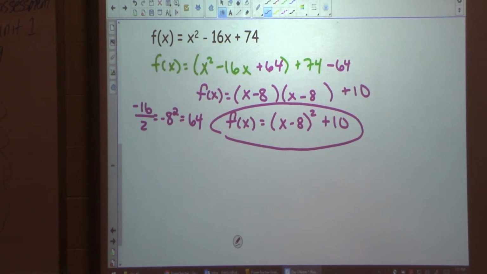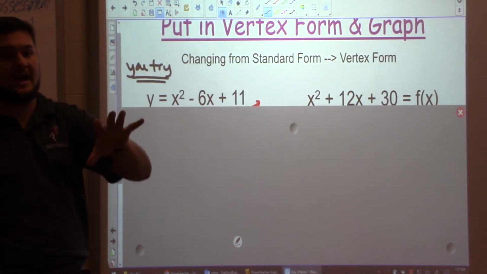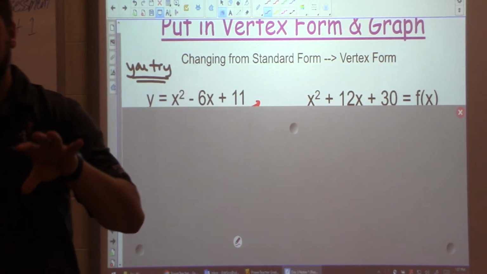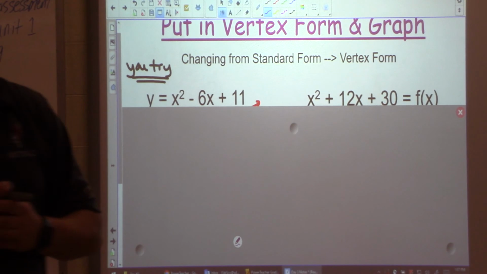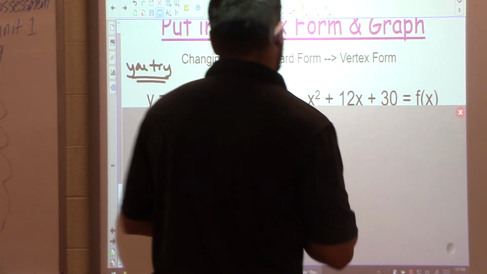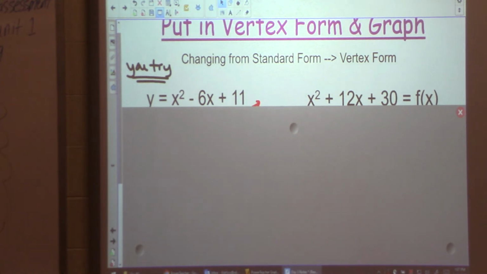That's a good question. Okay, here's what I want. Right now, I just want you to try changing it. Don't worry about the graphing, just change both of them. If we have time, we'll maybe do one of the graphing. So I just want you to change both of them into vertex form, please. If you have questions, please raise your hand. I'm more than happy to help you. But just work on changing them right now.